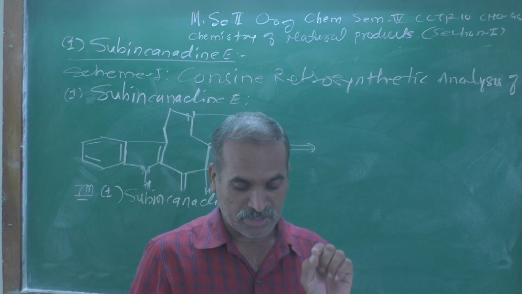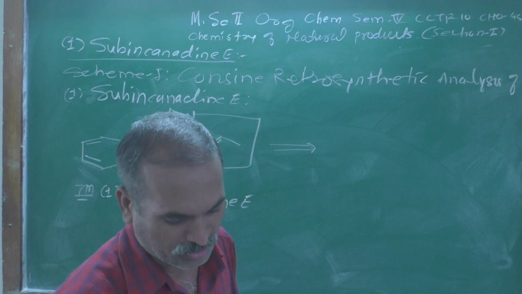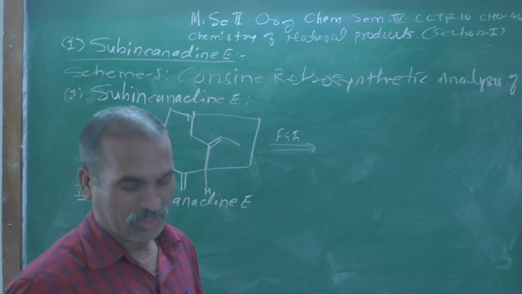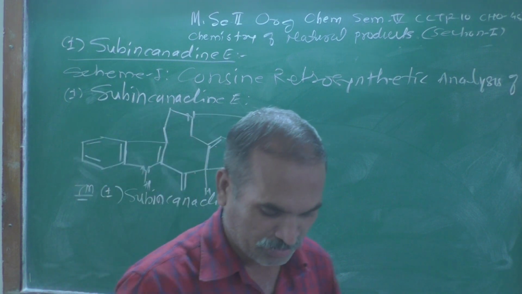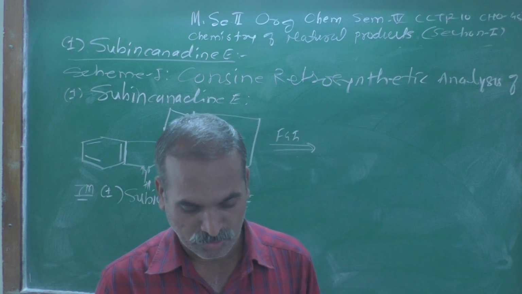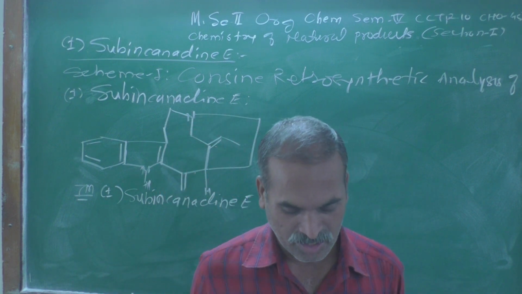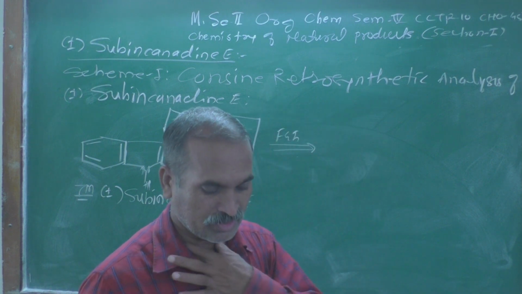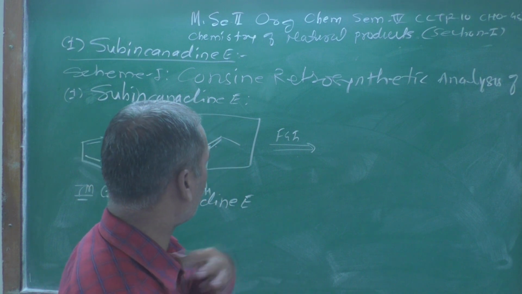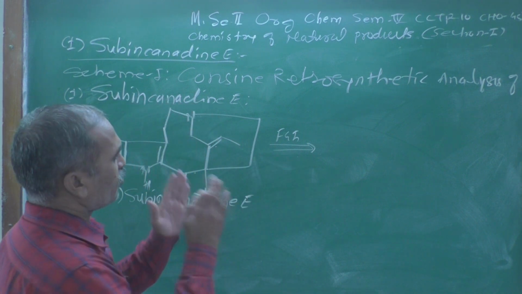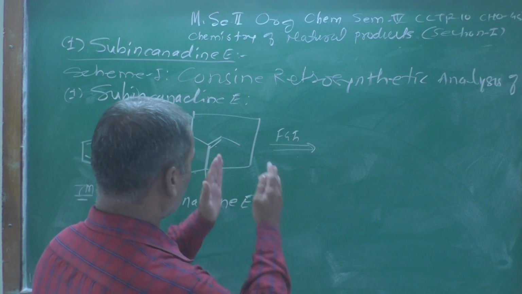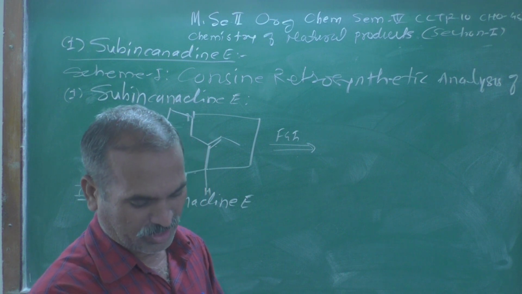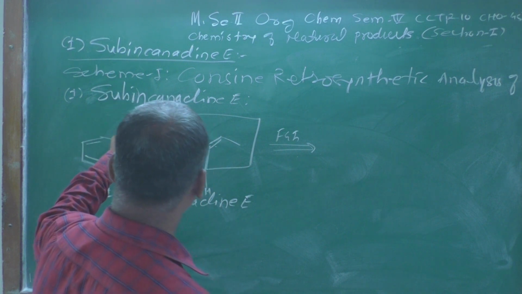over here. FGI means functional group interconversion. Functional group interconversion means one functional group is converted into another functional group so that disconnection becomes possible. So that is the meaning of that. That is a known reference number 14, which is shown here, or whatever kind of approach you are using must be considered here.